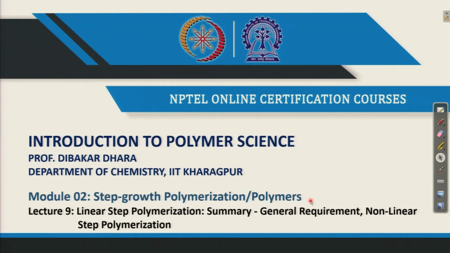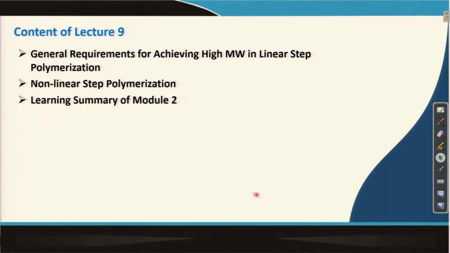Welcome back. In this lecture, I will sum up the learnings from linear step polymerization and then move to nonlinear step polymerization. So, these are the topics I plan to cover in this lecture.